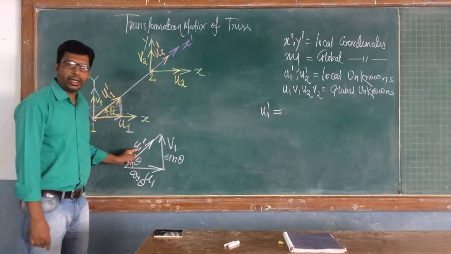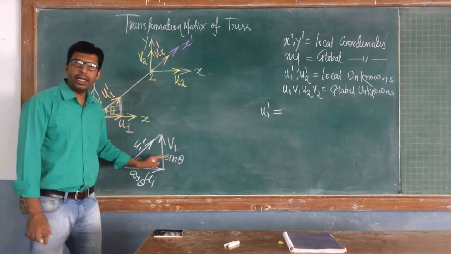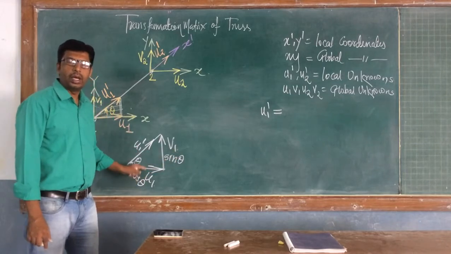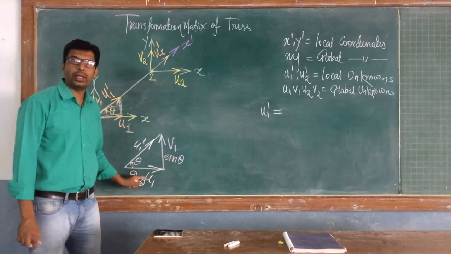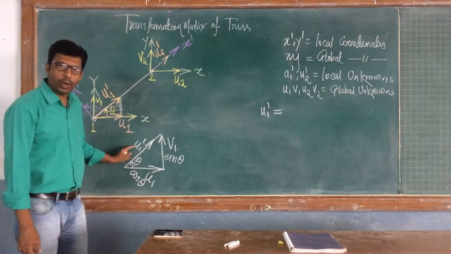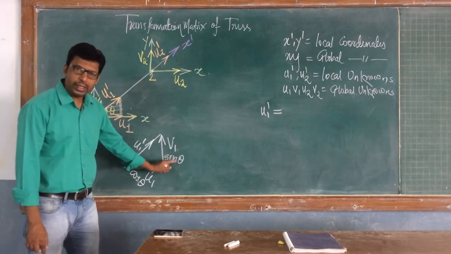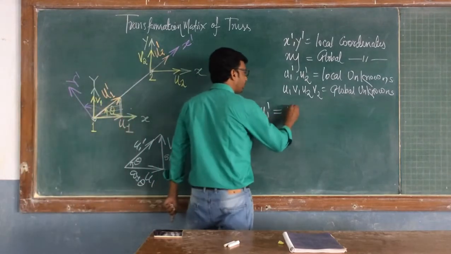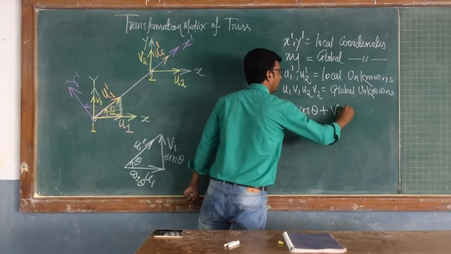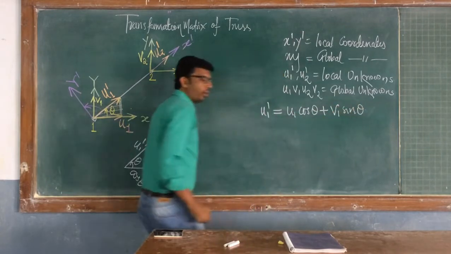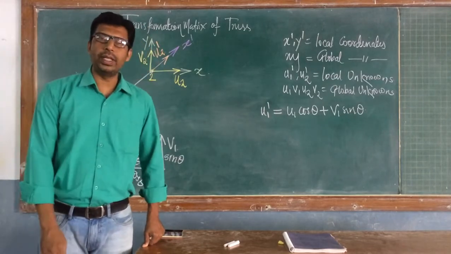So the diagonal vector is equal to simply the sum of the remaining two side vectors. So u1 dash is equal to u1 cos theta plus v1 sin theta.